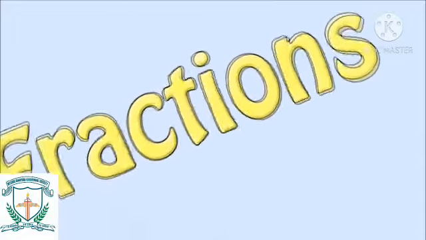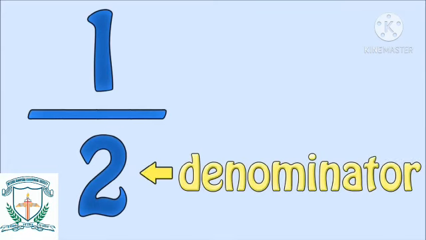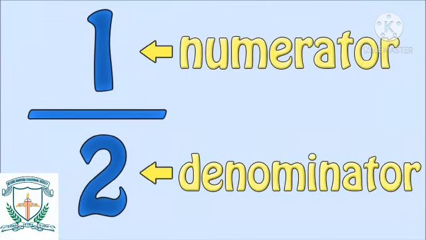The part of a number below the line is called the denominator. It shows how many equal pieces the object has been divided into. The number which we represent above the line is called the numerator. It shows how many parts of the denominator you are looking at.